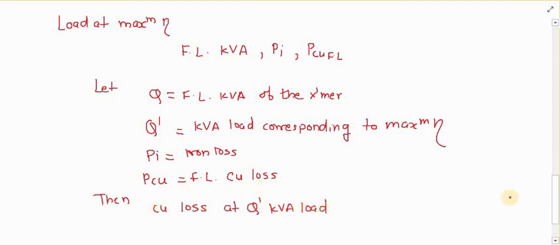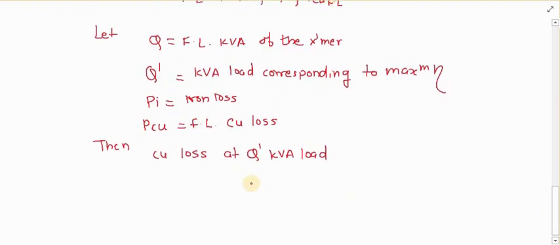PCU is the copper loss at Q, the full load. So at Q dash, what will be my copper loss? It is Q dash upon Q whole square into PCU.